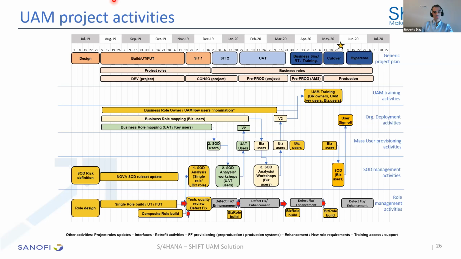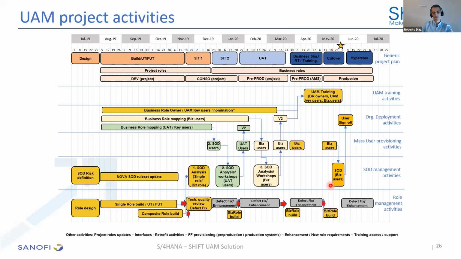You can see in the first line at the top all the project phases like design, build, unit test FUT, so the functional unit test, then the system integration test 1 and 2, user acceptance test, then we have business simulation, regression test, cutover, go live, and hypercare.